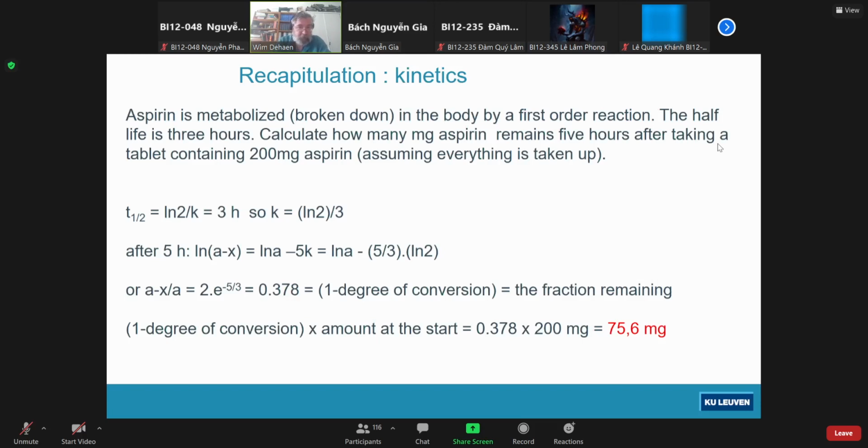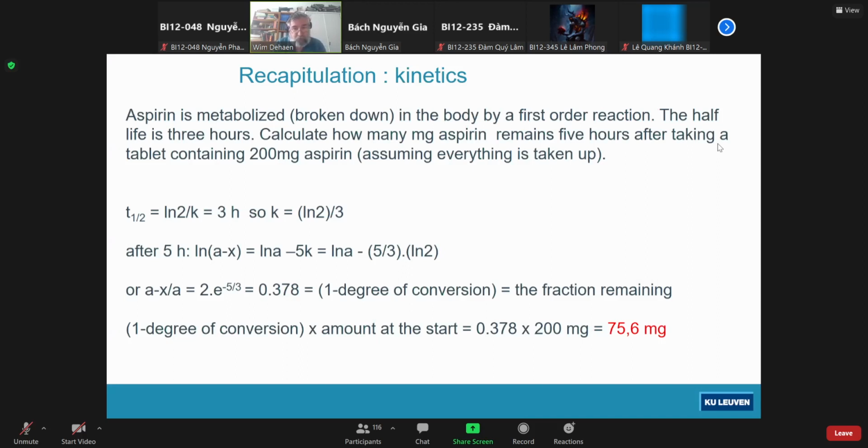And now we can calculate the ratio between what we have, A minus x, over the original compound. We now have this factor 2 to the power of minus 5/3. So we converted the logarithm to the base number in this case. So this factor is 0.378.